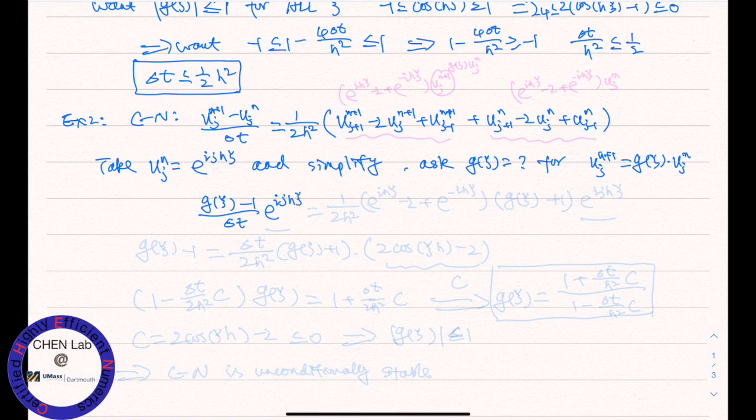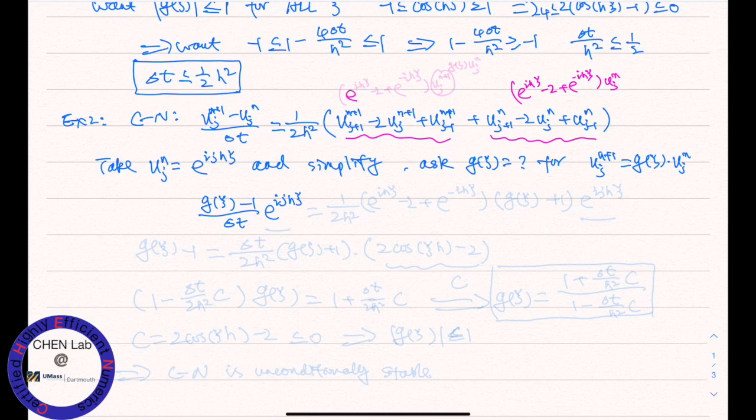And from what we did for the forward Euler, we know this guy is like e^{ihξ} minus 2 plus e^{-ihξ}, the whole thing times u_j^n.